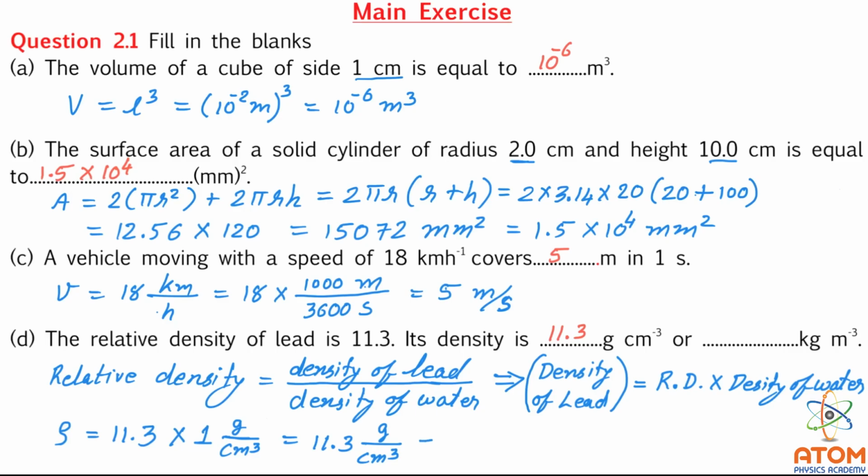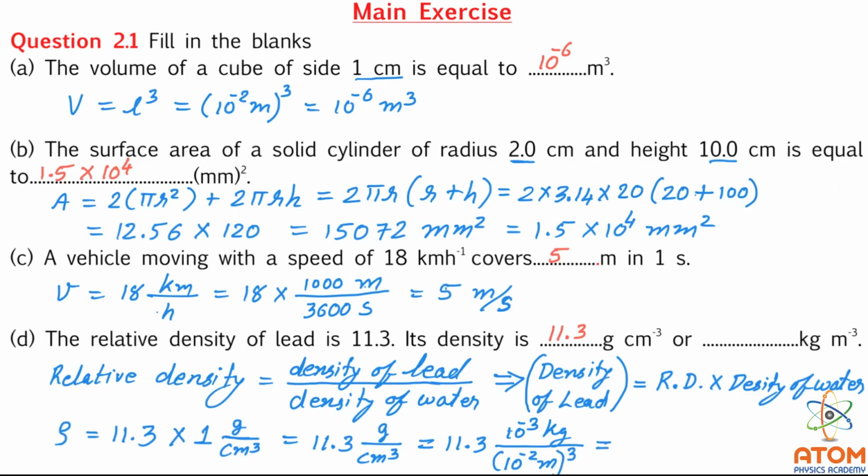So I can write this way, 11.3, and now gram is 10 raised to minus 3 kilogram divided by centimeter is 1 centimeter is 10 raised to minus 2 meter and then whole cube.